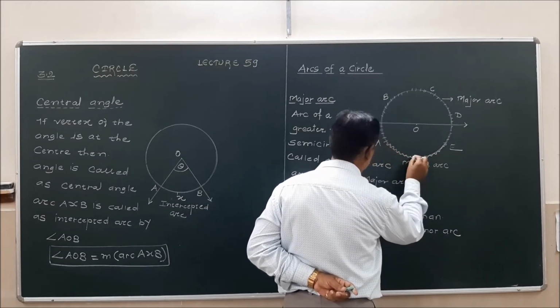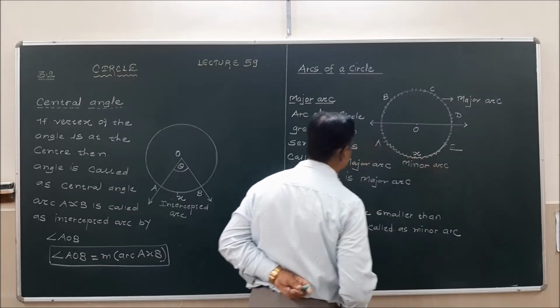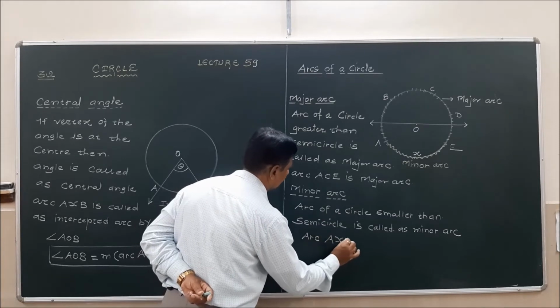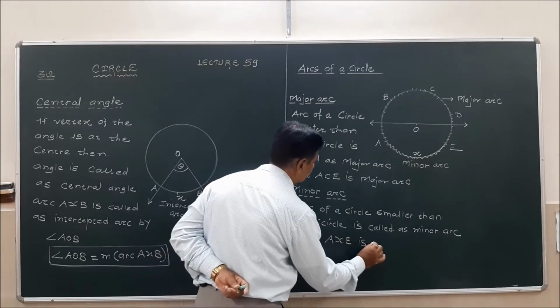Arc AE, or better we call it AXE. Arc AXE is a minor arc.